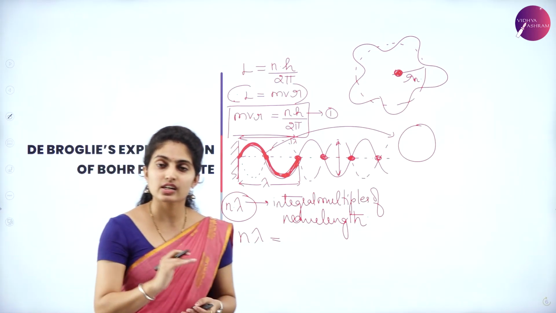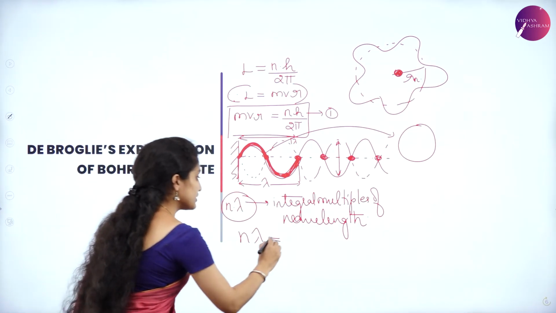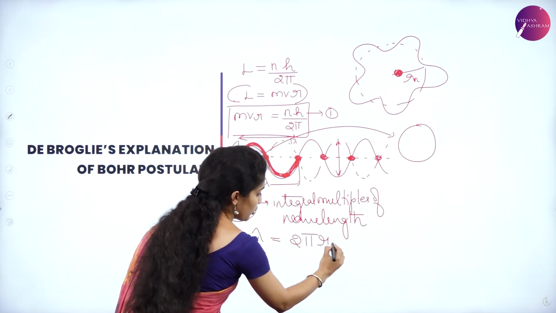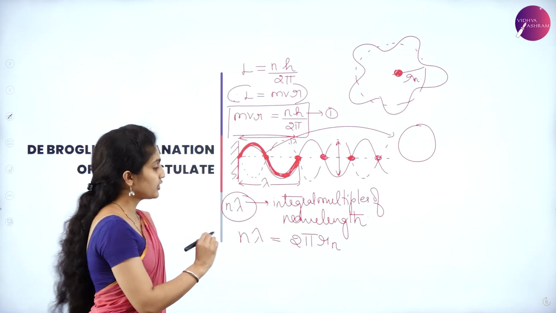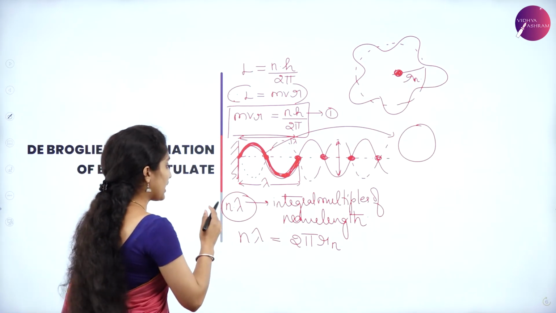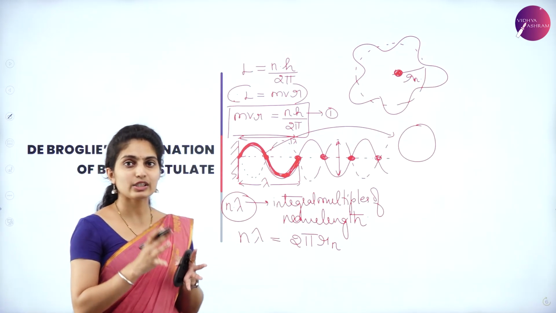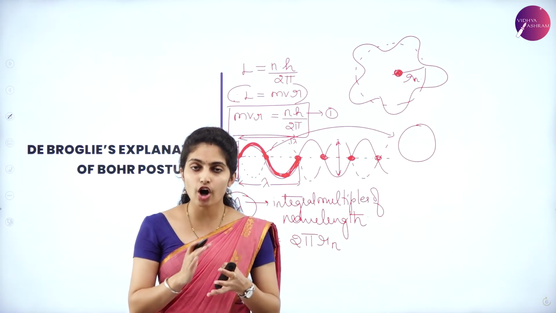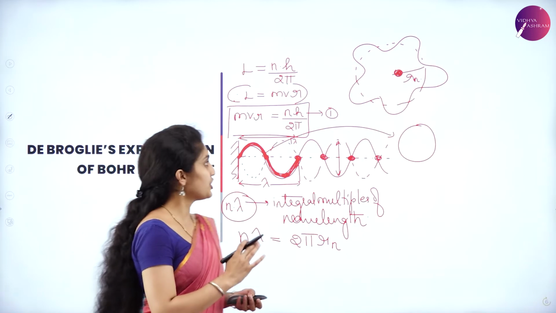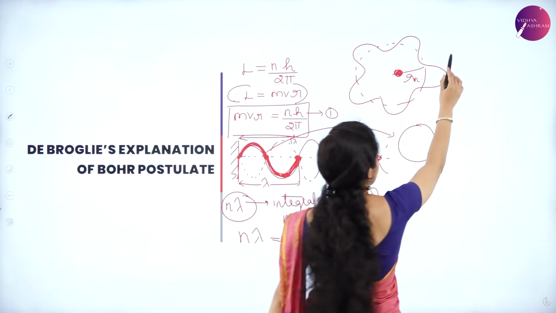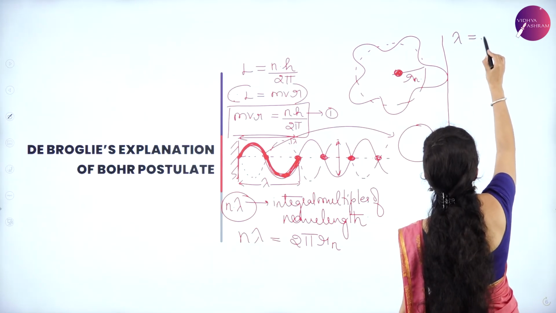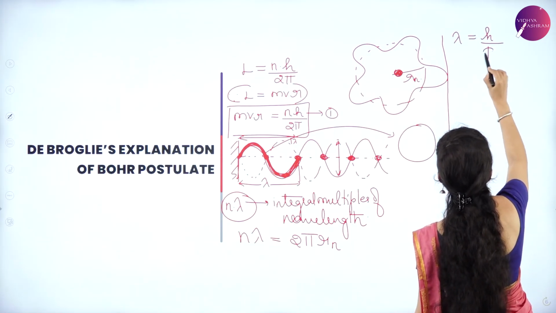So what is the circumference of the circle? It is given by 2 pi r, and we are talking about the nth orbit, so it is r subscript n. So we have n lambda is equal to 2 pi r subscript n. And according to de Broglie equation, we have lambda is equal to h divided by p.